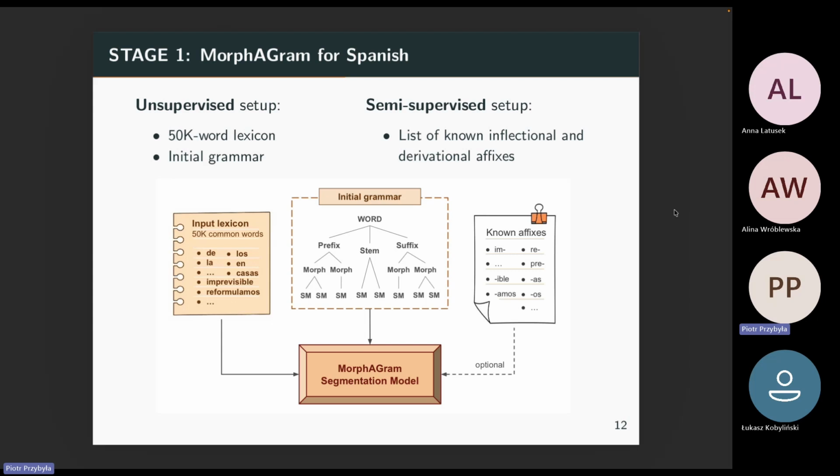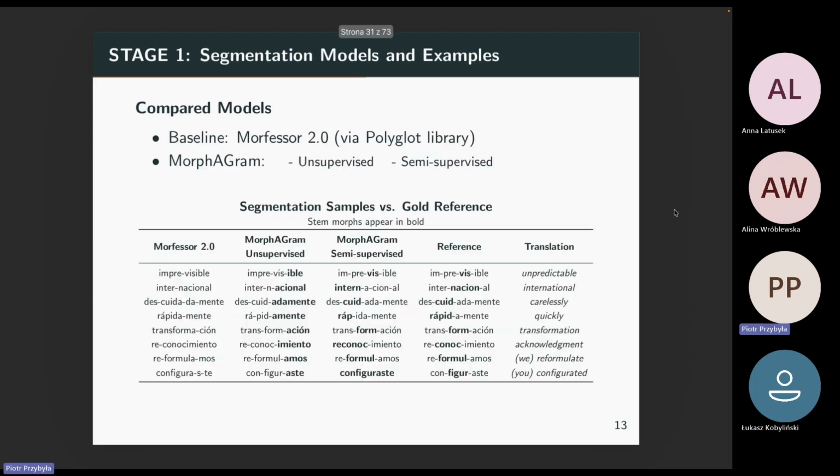So for example, you can provide a list of prefixes and suffixes that are known, and it will try to include them as well. So it's a semi-supervised model essentially.